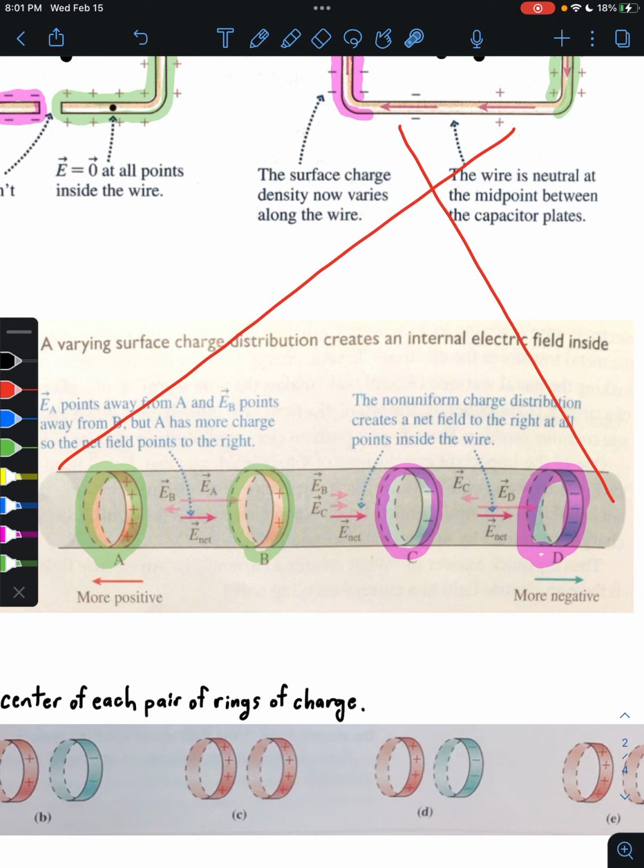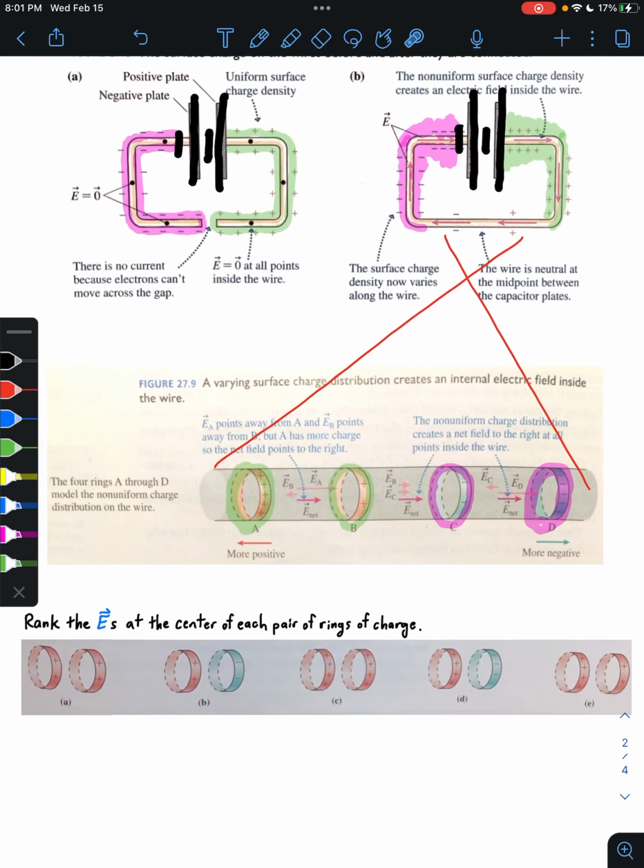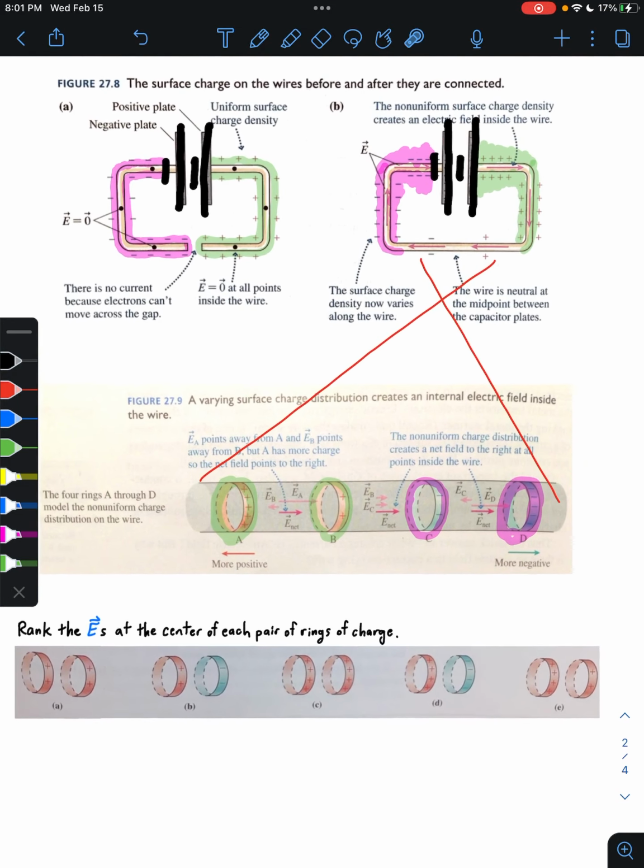And thus, we can get a uniform net electric field all the way down this straightaway if we have this sort of hierarchy of charge rings. Strong positive charge to weaker positive charge to weak negative charge to strong negative charge.